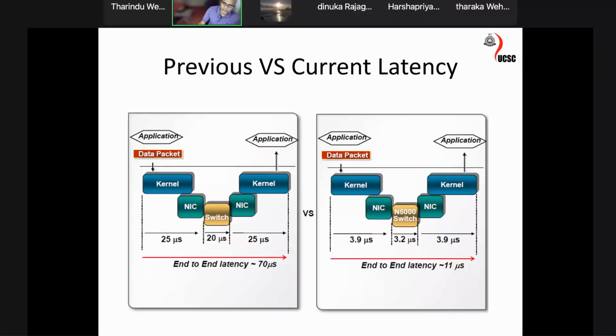So another way of doing a comparison is application to application end-to-end latency.